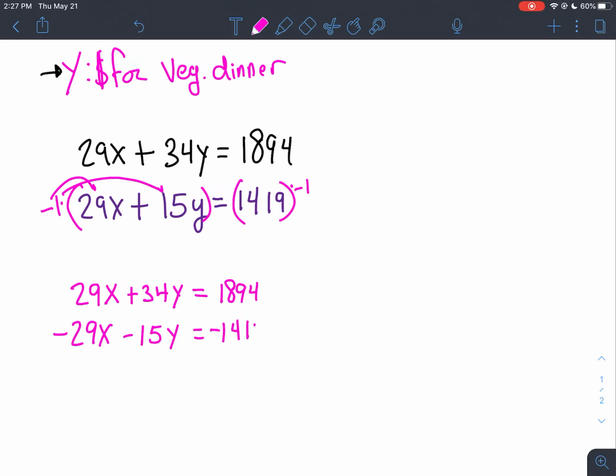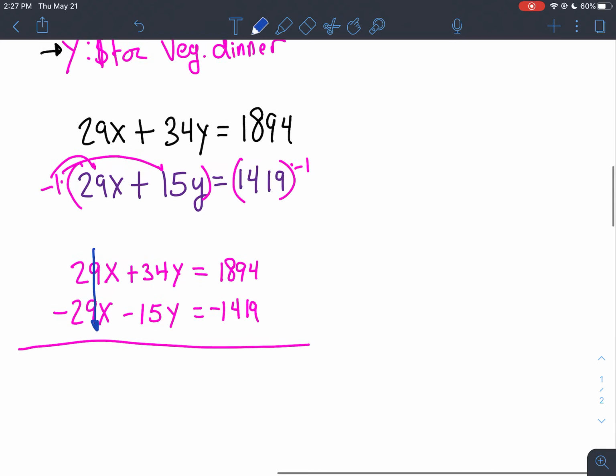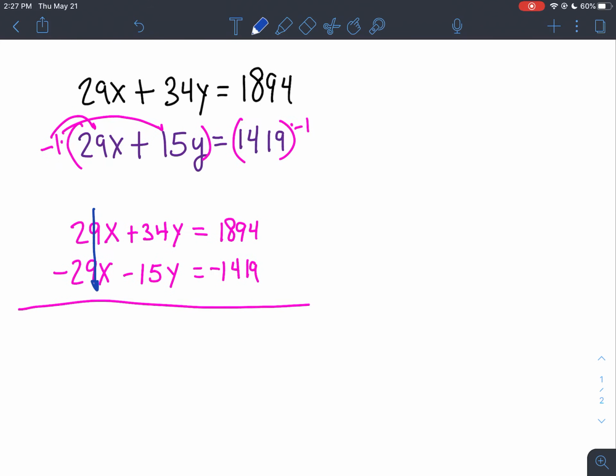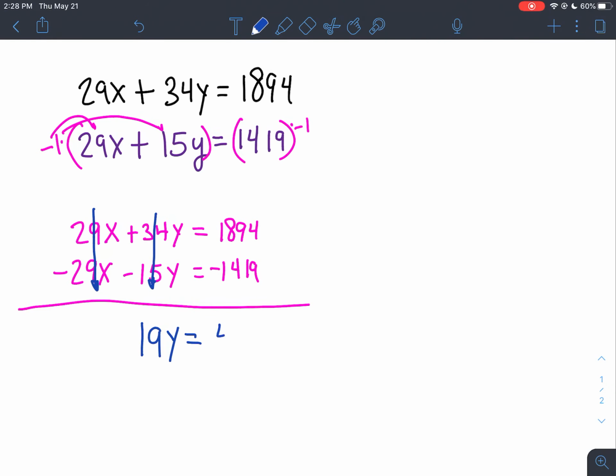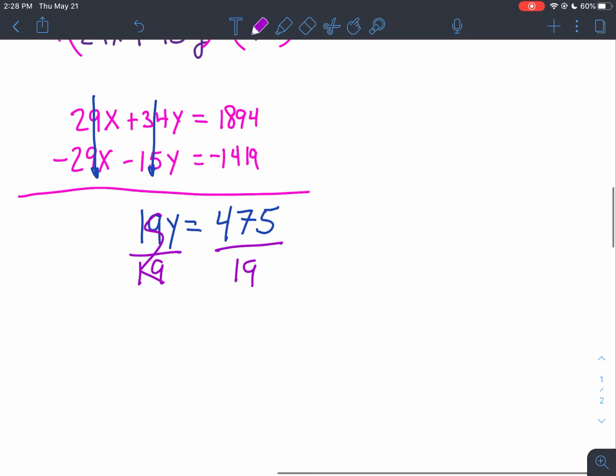Since we set it up opposite, all we have to do is add down the line. 29x minus 29x is 0. 34y minus 15y gives you 19y. And 1894 minus 1419 should give you 475. Now we can approach this like a one-step equation, because it is.